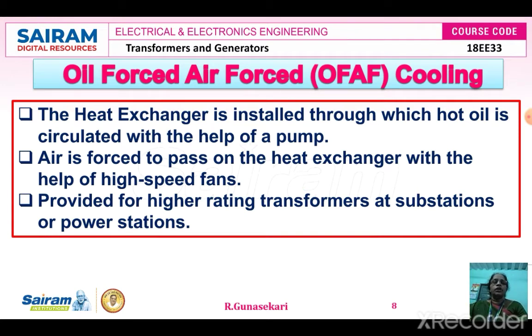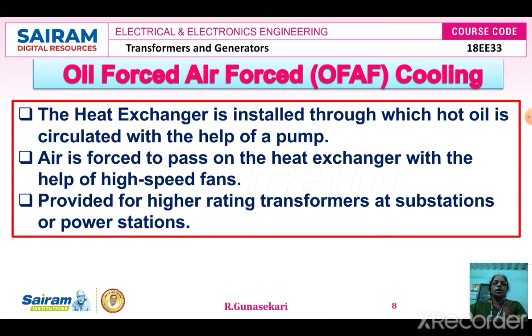This type of cooling method is used for higher rating transformers which are used in substations or power stations. So how is the heat dissipated using oil and air? The heat exchanger is installed at the outside of the transformer tank, through which hot oil is circulated with the help of a pump.